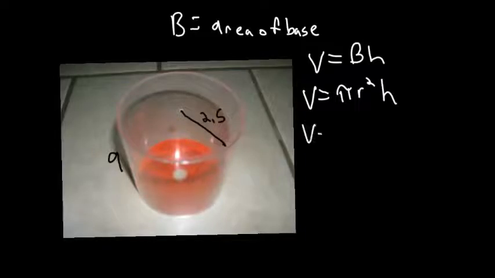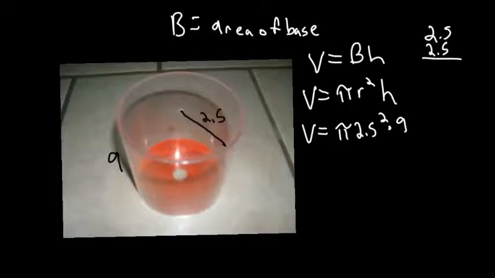So work this out. We've got volume equals pi times 2 and 5 tenths squared times 9. First I'm going to work out that 2.5 squared, so that's 2.5 times 2.5. I'm not going to try and do that in my head. I can, because I've done this enough, but just to help you guys out, I'm going to work that out. So 5 times 5 is 25. 2 times 5 is 10, plus 2 is 12.